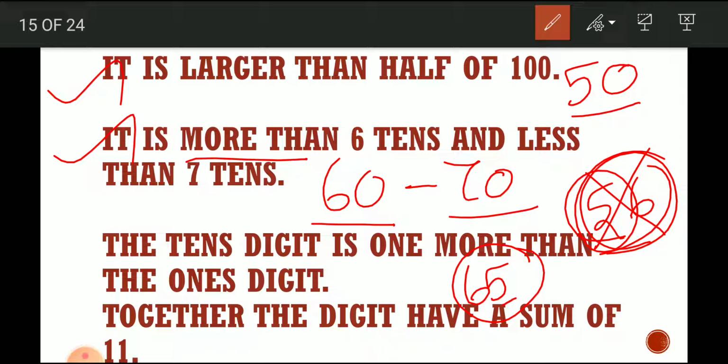The ones digit is 5, and if we add 1 to 5, it becomes 6. So the third clue is completed. Then the digits have a sum of 11. If we add 6 and 5, we get 11. So 65 satisfies all 4 clues. So the answer is 65.